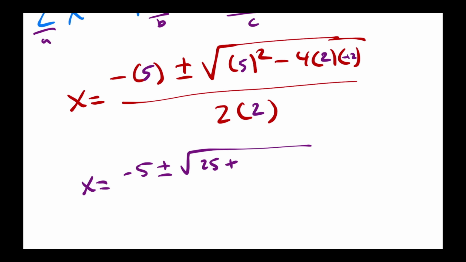Anybody? Come on, guys. You know your 8s. I can't be doing this all for you guys. You gotta participate too. I'm multiplying. This is -4 times 2 is -8. -8 times -12 is.